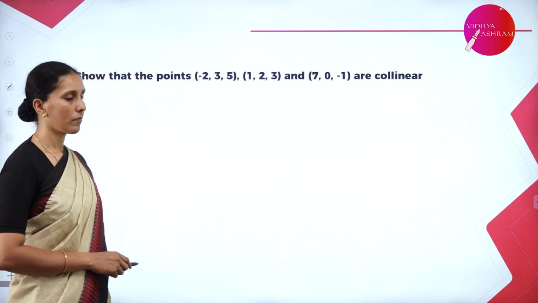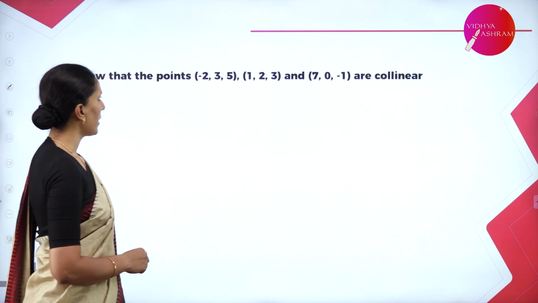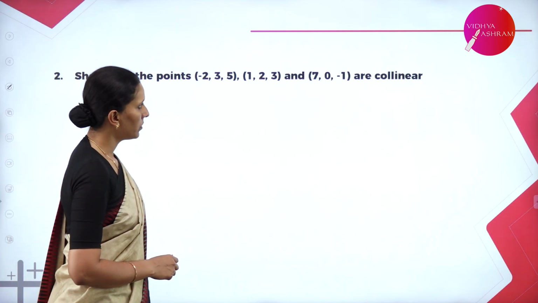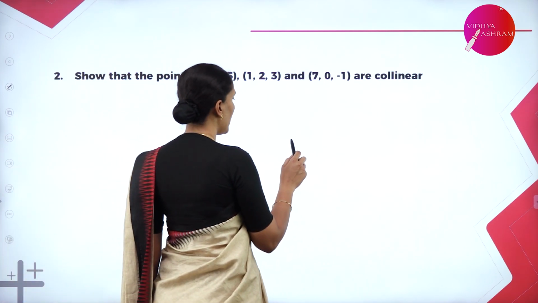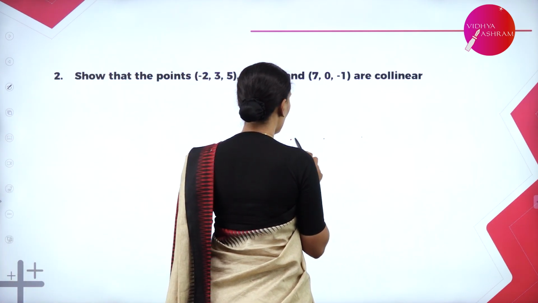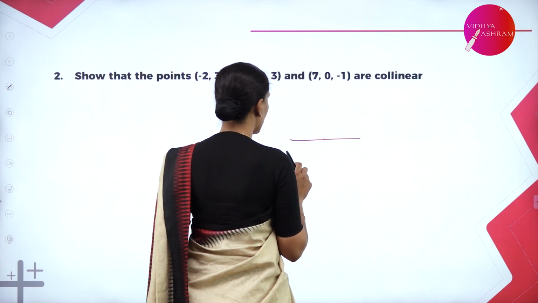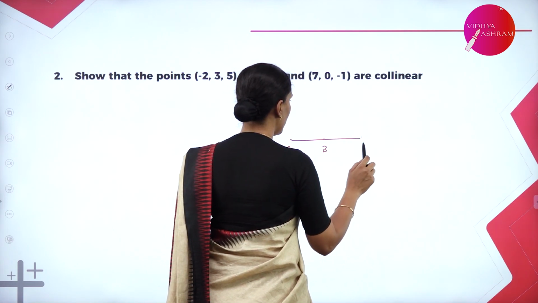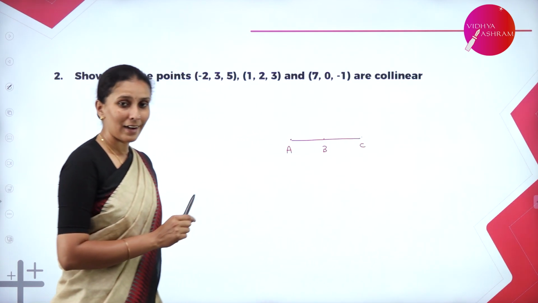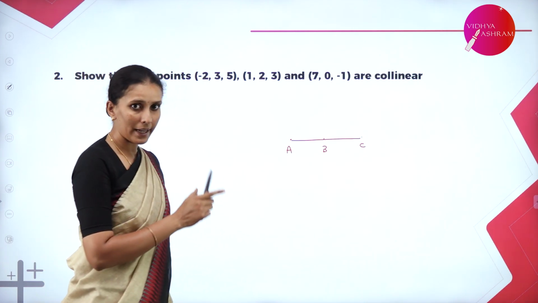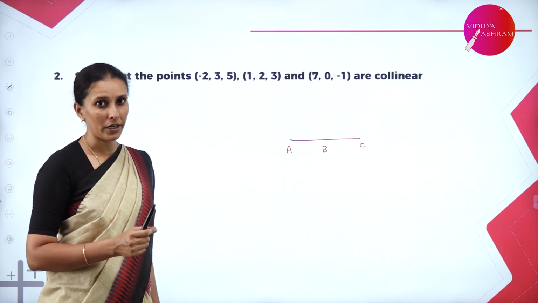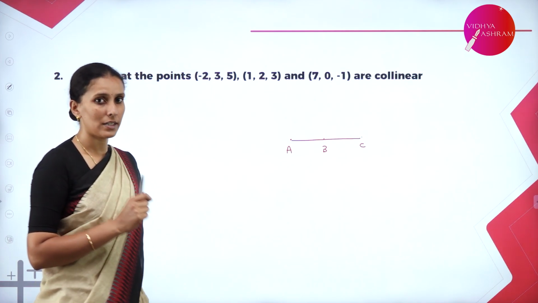Next one. Show that the points minus 2, 3, 5, 1, 2, 3, and 7, 0, minus 1 are collinear. If 3 points lie on the same line, let me consider them as points A, B, C. We can calculate the distance between AB, BC and AC and show that they are collinear, with the help of the distance formula.